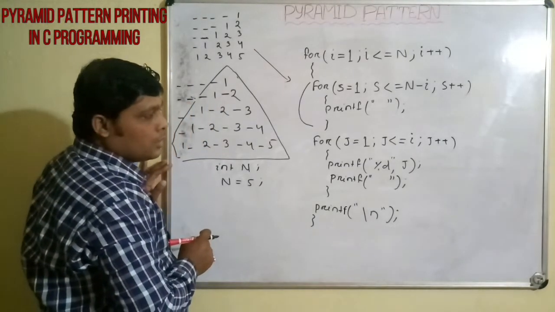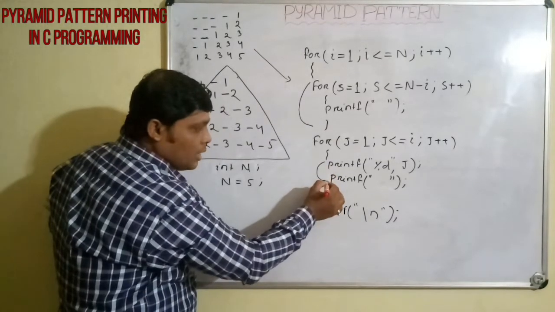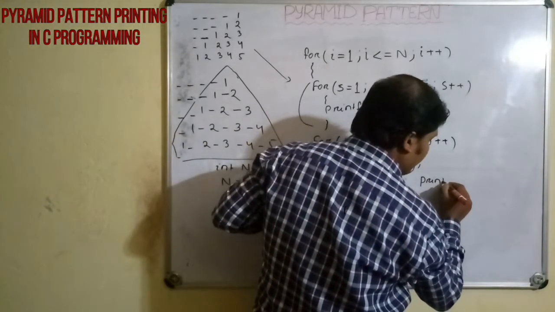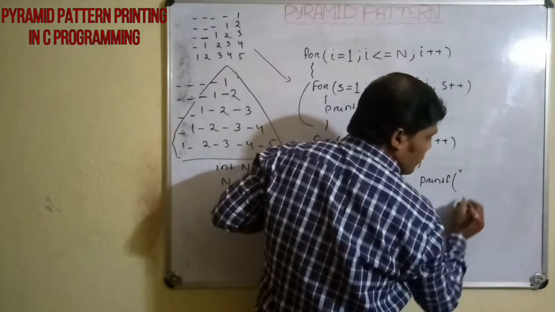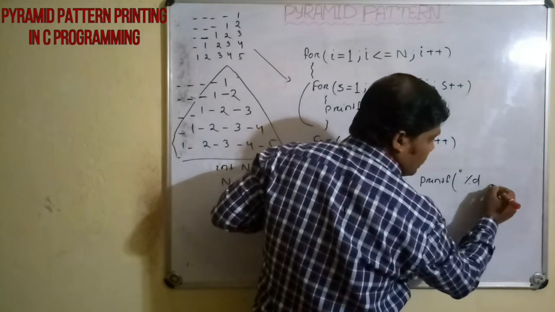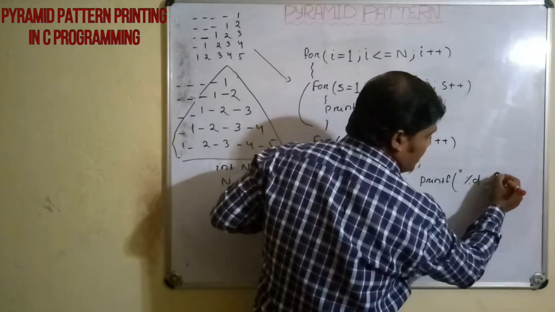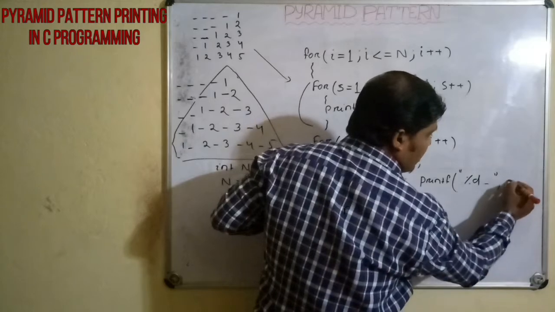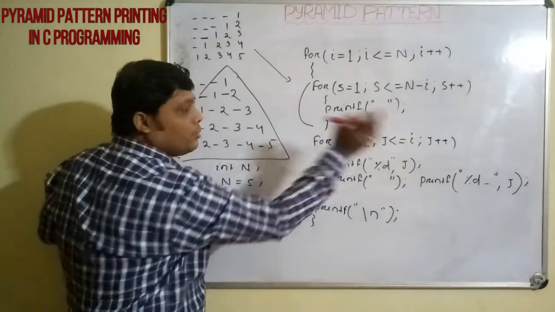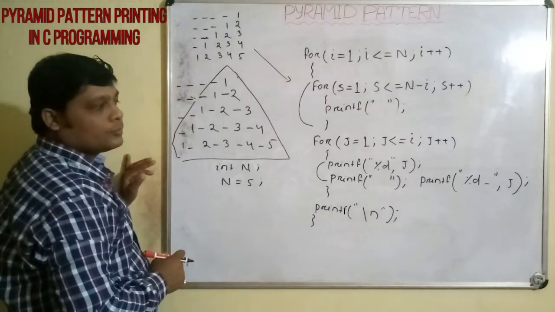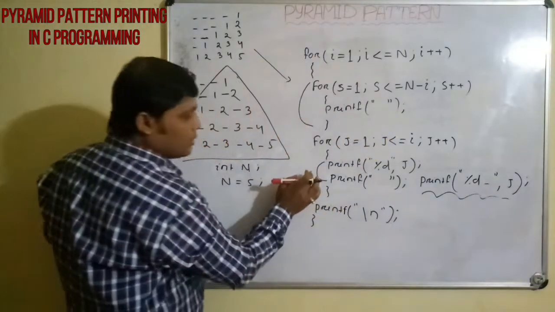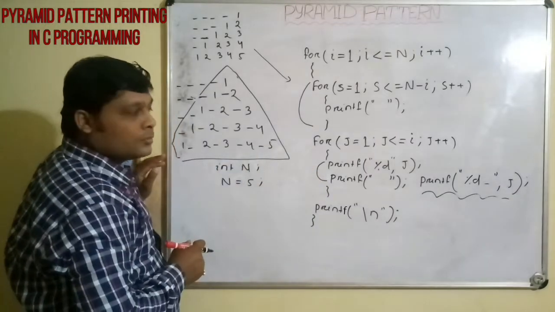Instead of writing these two lines, I can write only one line: printf, inside double quotes %d, then give one space, then double quote, comma, z. Instead of writing these two lines, you can write this one line.